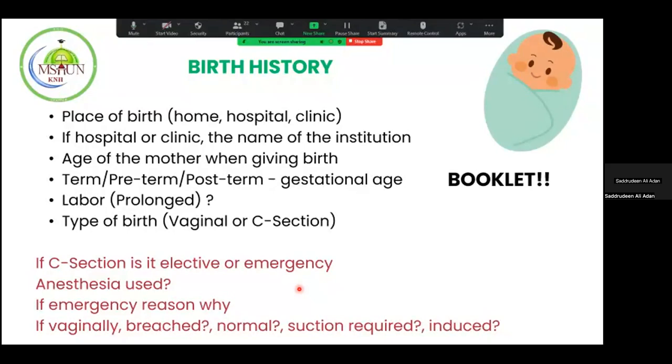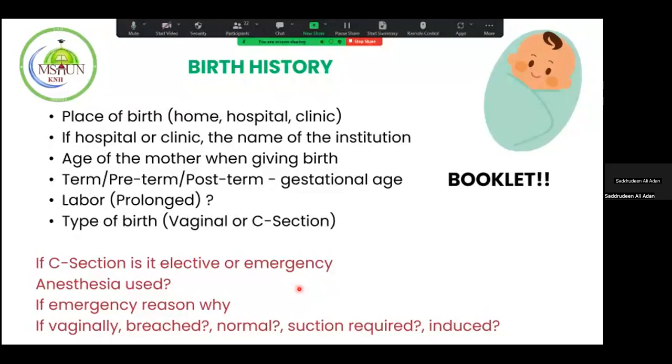You might find some complications, let's say cephalopelvic disproportion or heavy bleeding, etc. For an older maternal age, for example past 35, there is a high risk of chromosomal abnormalities like Down syndrome, etc. So the age of the mother when she was giving birth is important. And was the pregnancy at term? We'll talk about it in the next slide.